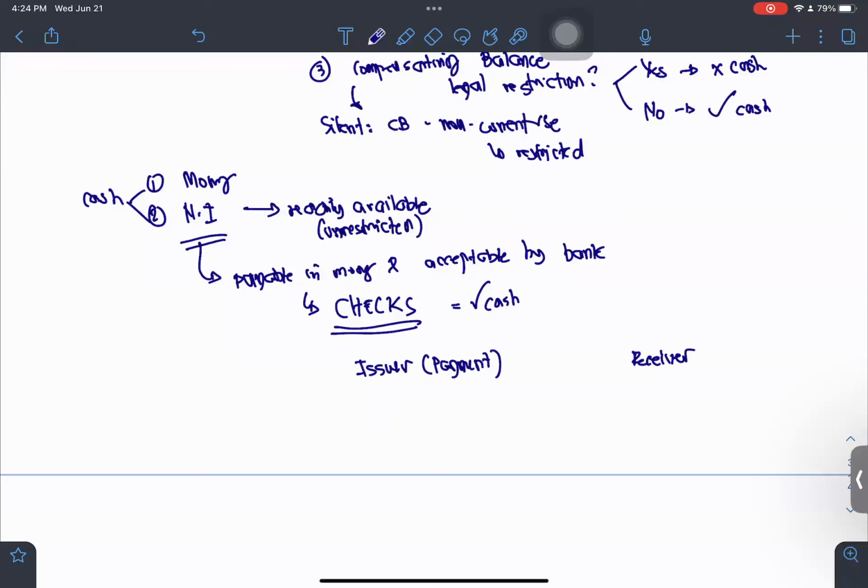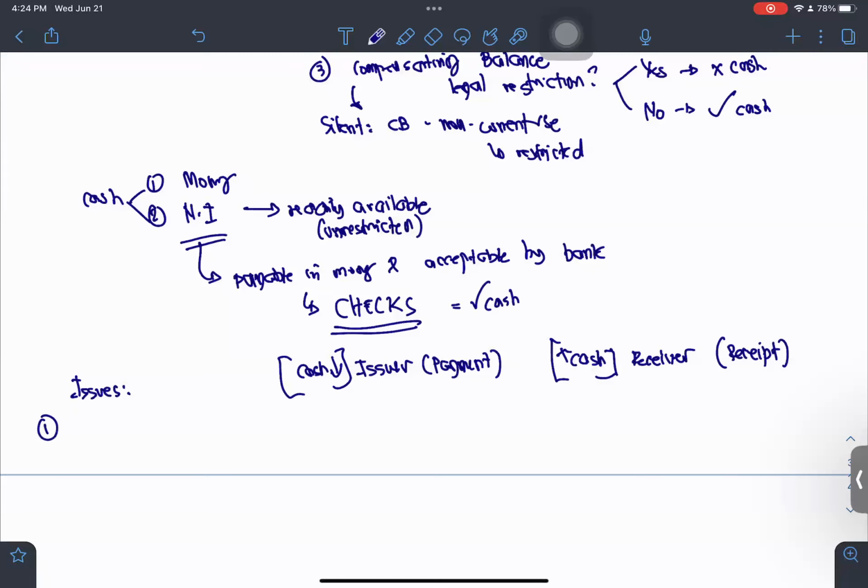If you are the receiver, you use it, of course, as a receipt. So in issuer, this is normally a decrease in your cash, while your receiver, you have an increase in cash. For negotiable instruments, our main issue here are the different items of check. So what are your issues relating to check?